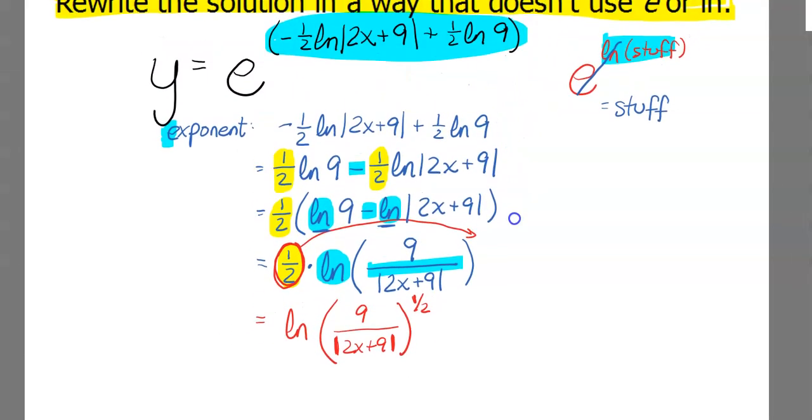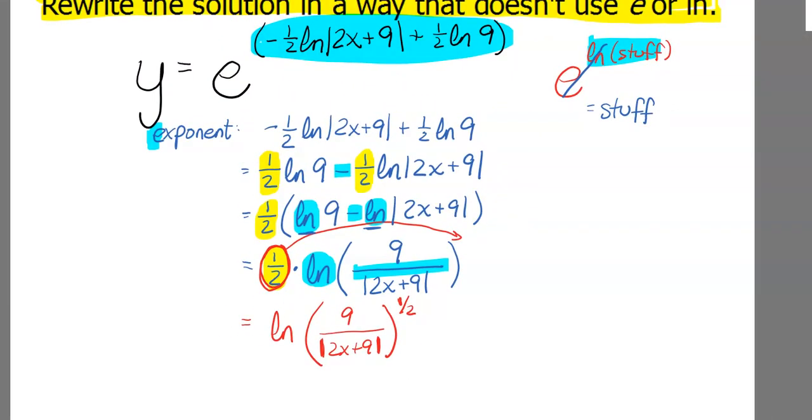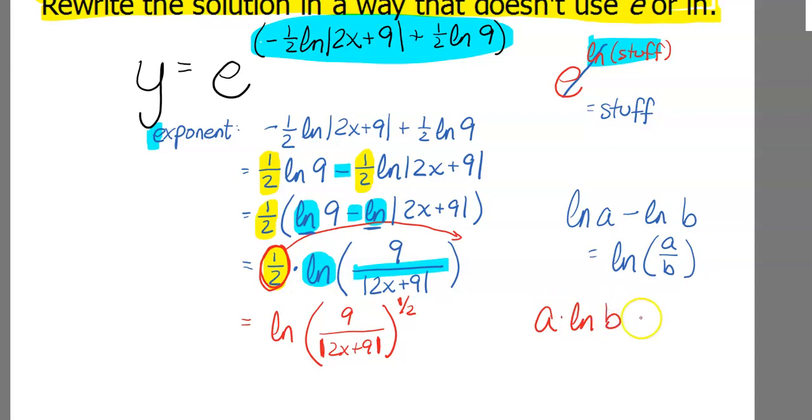What we've done just algebraically, in blue, we did the subtracting two natural logs trick. That's the same as dividing in one natural log, so that's what happened with what I've highlighted in blue. And then in red, a different property of logs tells me that a coefficient in front can become an exponent inside.